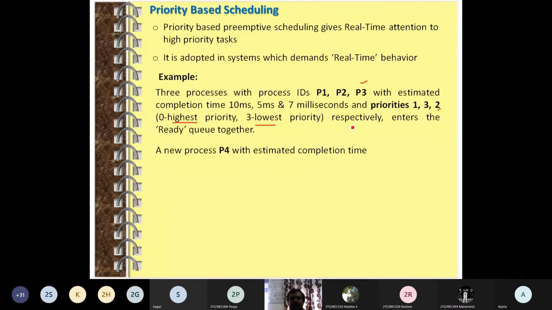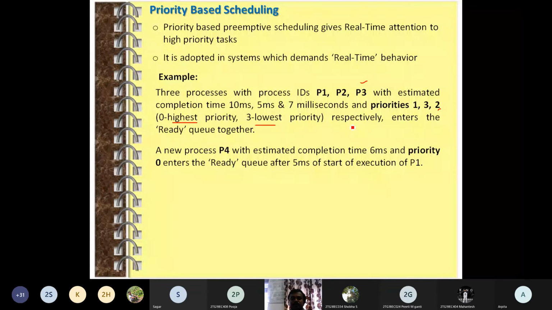For example, a new process P4 with estimated completion time of 6 milliseconds arrives in the queue with a priority of 0. Priority 0 is allocated for P4. It is going to enter after 5 milliseconds of the start of execution of P1. When P1, P2, P3 are kept in the queue, the queue is immediately processed by the system.